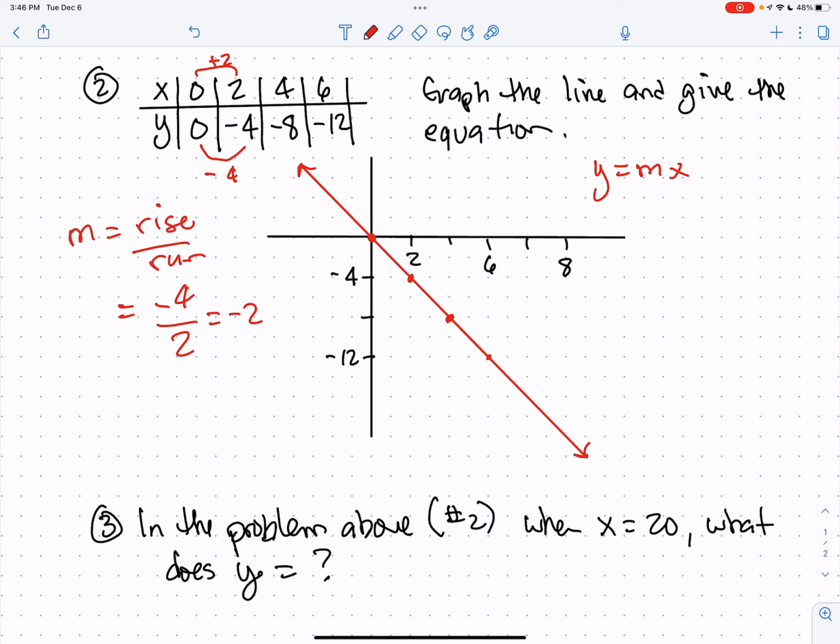I can check that by drawing my little triangles here. I go down to here and over to there. So this is down 4, this is -4, and this is +2. So again, rise over run, minus 4 over 2, minus 2. So the equation for this line is y equals negative 2x. That's the equation for the line. So I got the line and the equation for the line.